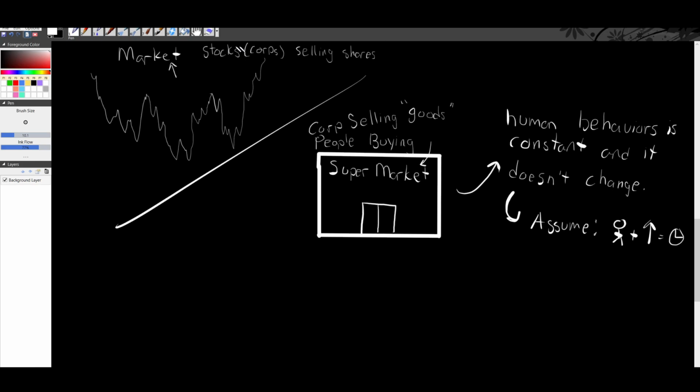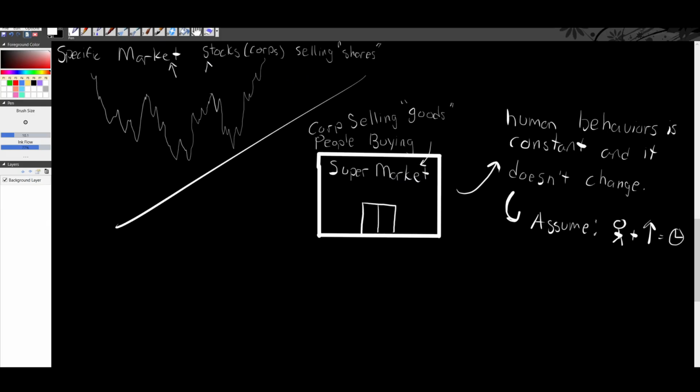So what good are they selling in the stock market? They're selling shares. Shares and goods are the same. Here it could be diapers, apples, toilet paper, cars, doesn't matter. They're selling goods. So in this specific market, not a supermarket, they're selling stocks, right?